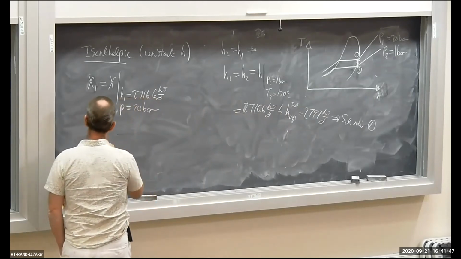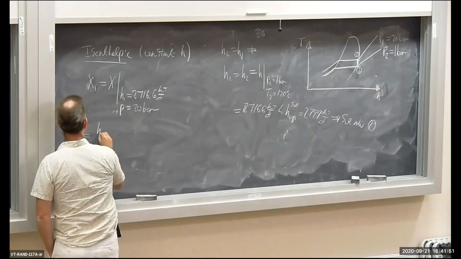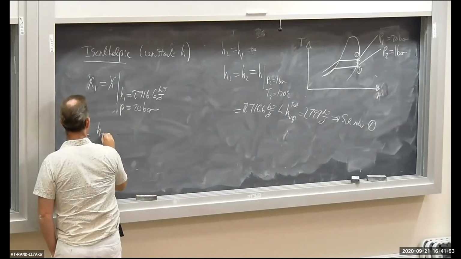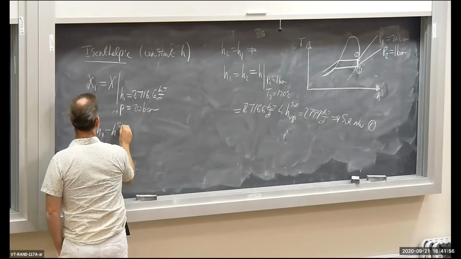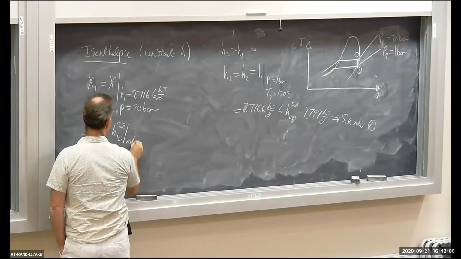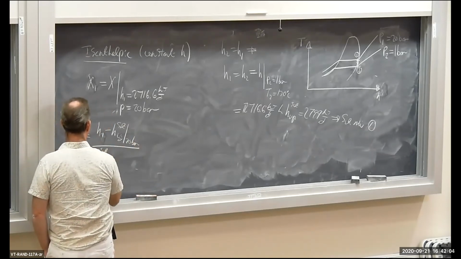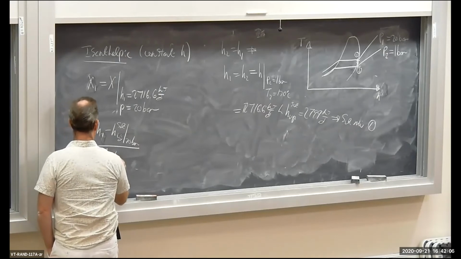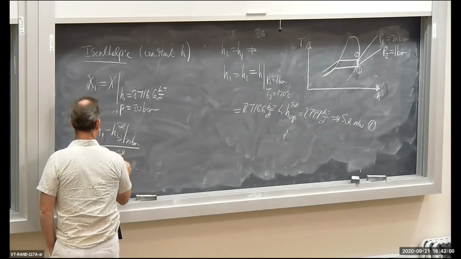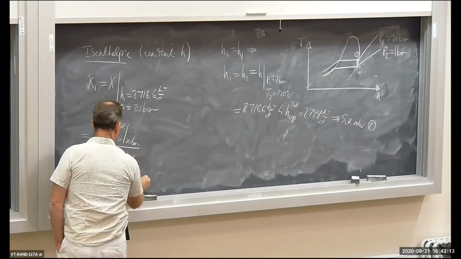Okay, well, that means we need to use the equation for quality. This is going to be equal to H1 minus H sat liquid evaluated at 20 bar, divided by H sat vapor minus H sat liquid evaluated at 20 bar.